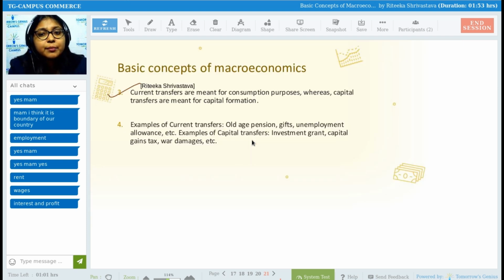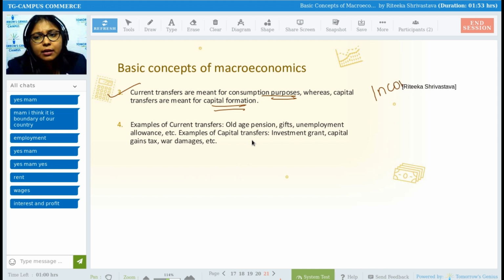Third, current transfers are meant for consumption purpose, whereas capital transfers are meant for capital formation. Just for an example, consider your parents want to do the consumption of regular goods like purchasing rice, wheat, grocery, vegetables, fruits. For that, it is obvious that they are going to spend from their income.